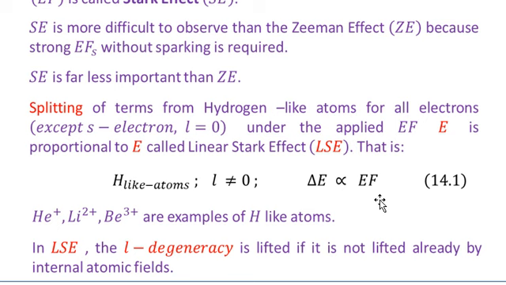That is why equation 14(1) represents symbolically the linear Stark effect for the hydrogen-like atoms. And the hydrogen-like atoms are what I have discussed: helium singly ionized, lithium doubly ionized, beryllium triply ionized are examples of the hydrogen-like atoms.